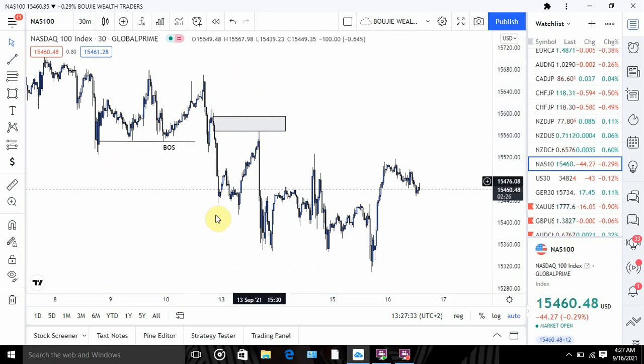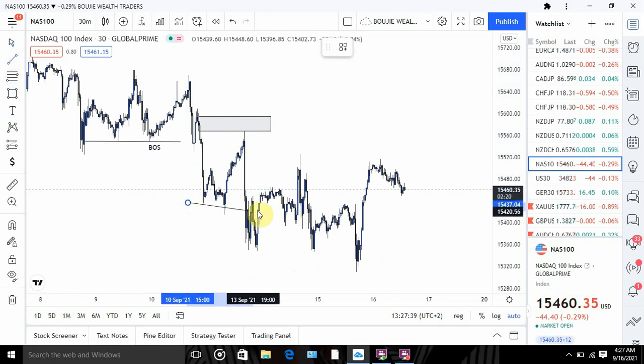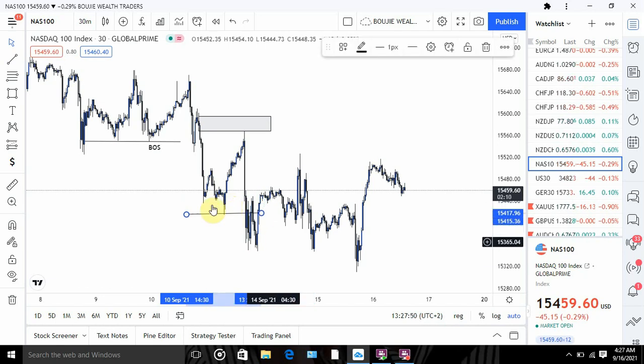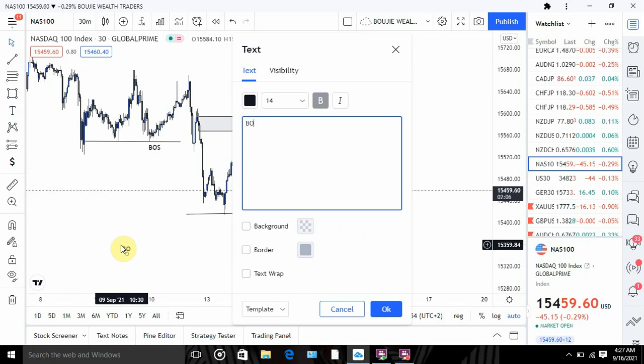Then again, the market broke this low here. This is the break of structure again.